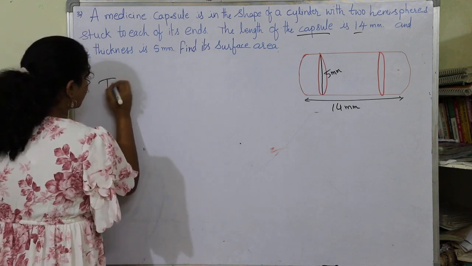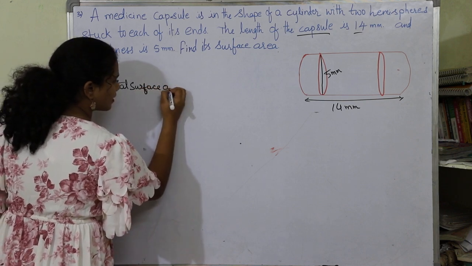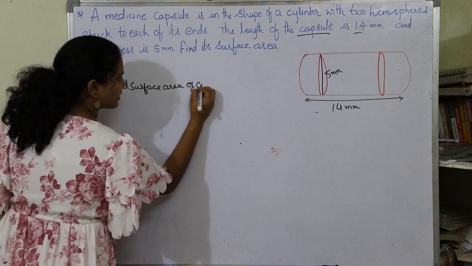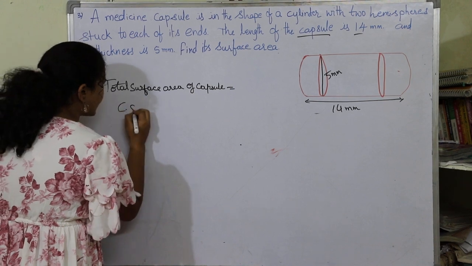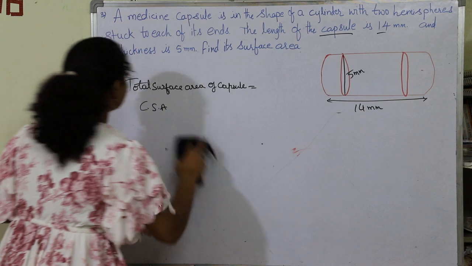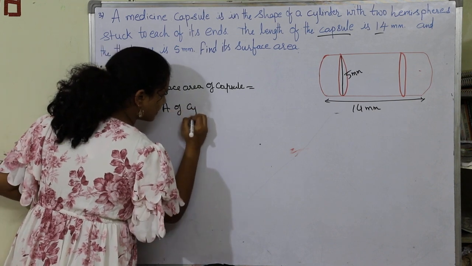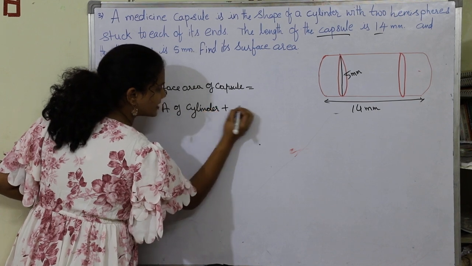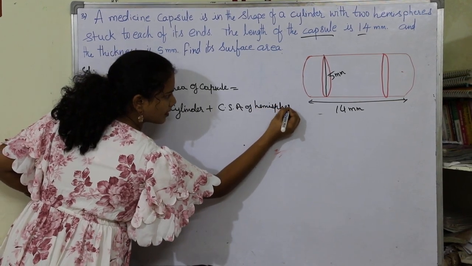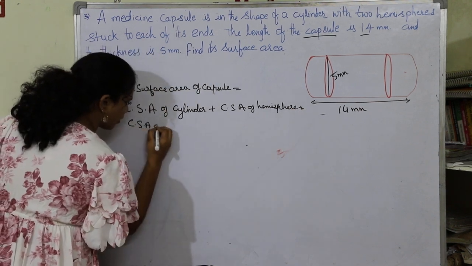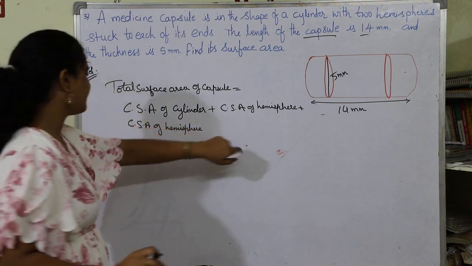Let me write down the total surface area of capsule equals the curved surface area, CSA, of the cylinder plus the curved surface area of hemisphere plus the curved surface area of hemisphere again, because I have two hemispheres, right?